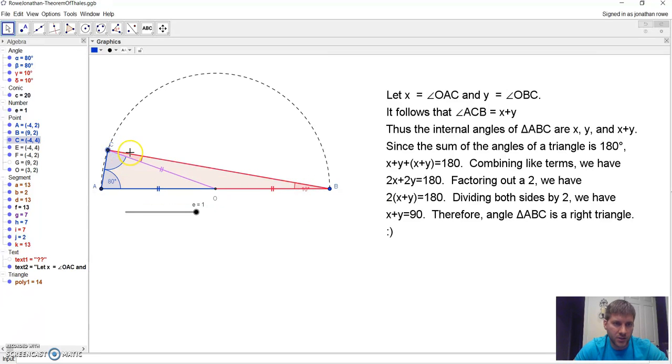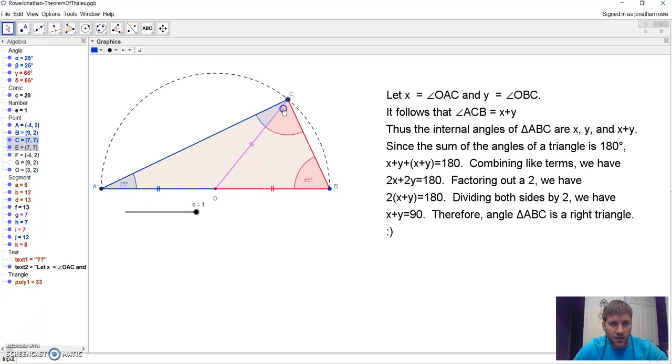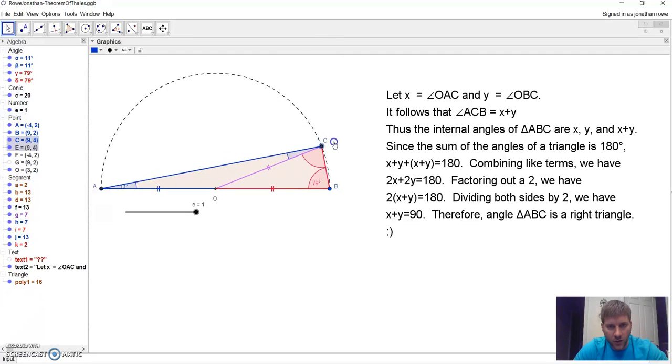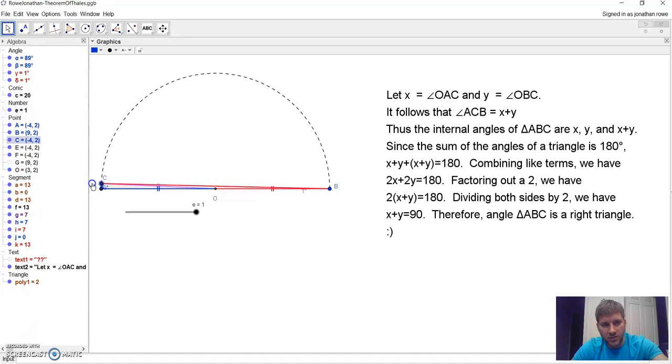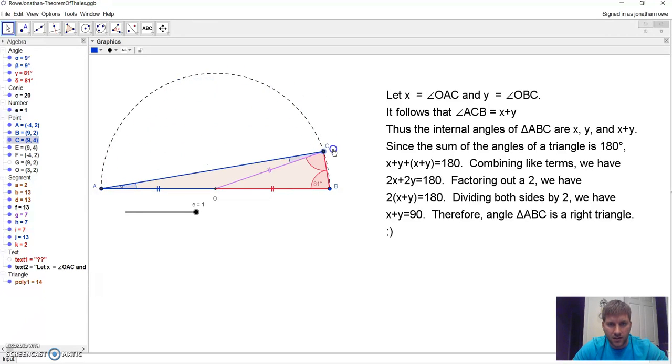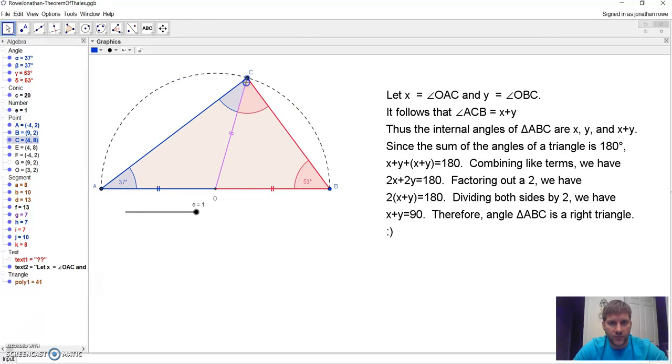Well, what's 80 plus 10? No need to answer. What if it's all the way over here? What's 79 plus 11? Always 90, no matter where we put it. Even if we put it way over here, this one's approaching 0, and this one is approaching 90. Same goes for over there.